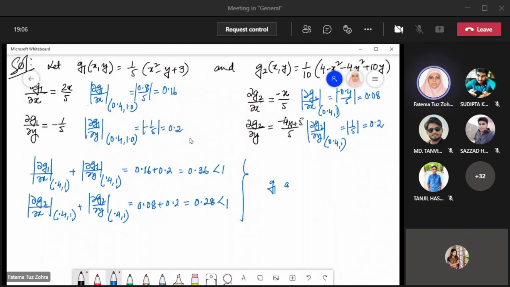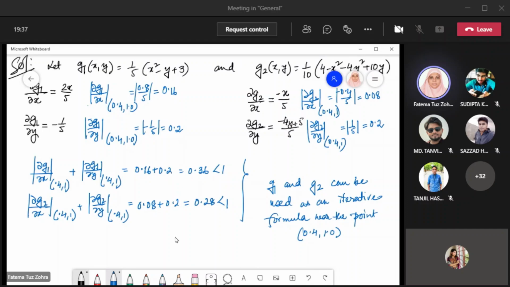So g1 and g2 can be used as an iterative formula for the point near (0.4, 1.0).